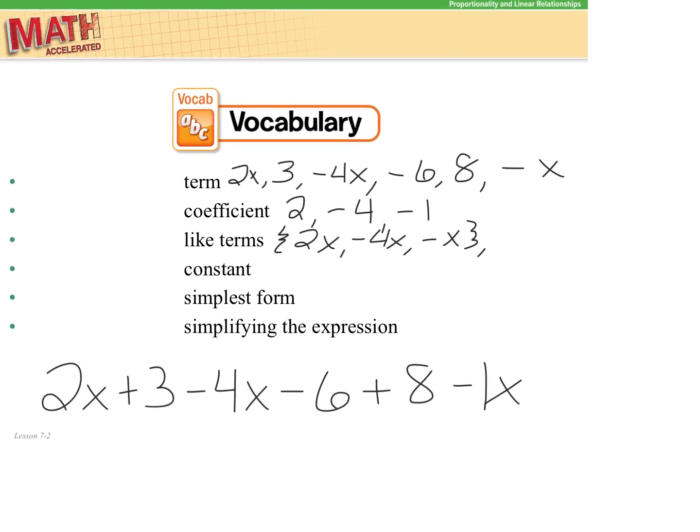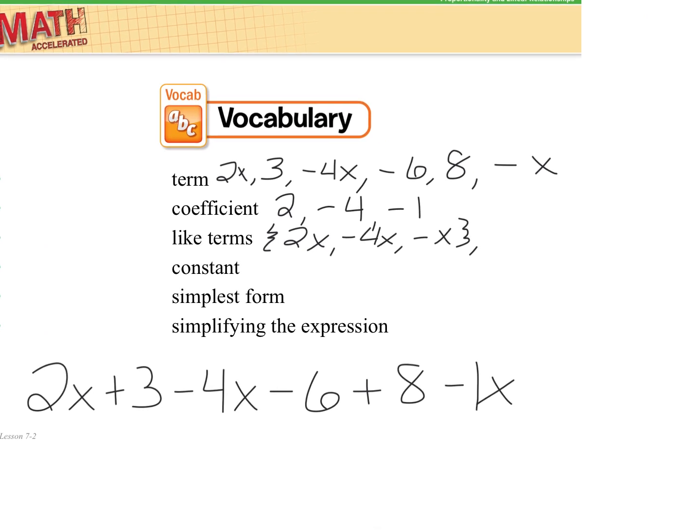Okay, are there other sets of like terms? It's all the numbers, right? So we have x's and we also have numbers. So we have 3. What else? Negative 6. And then positive 8. Yep. So you can have multiple sets of like terms. In order to be a like term, you have to have 2 or more.